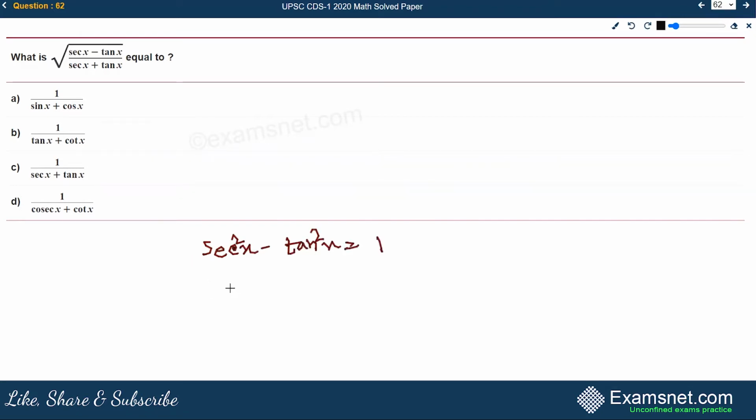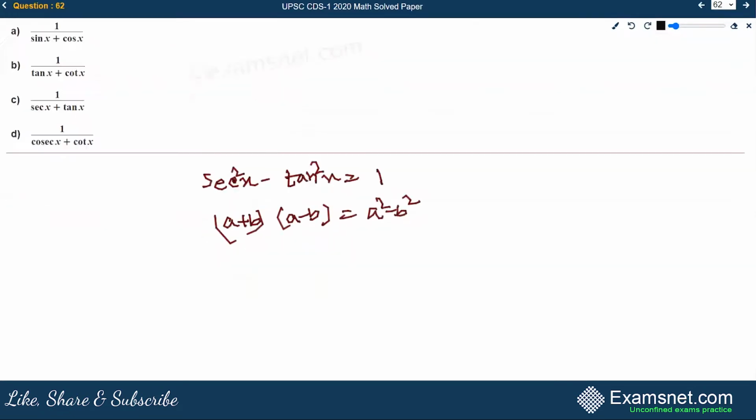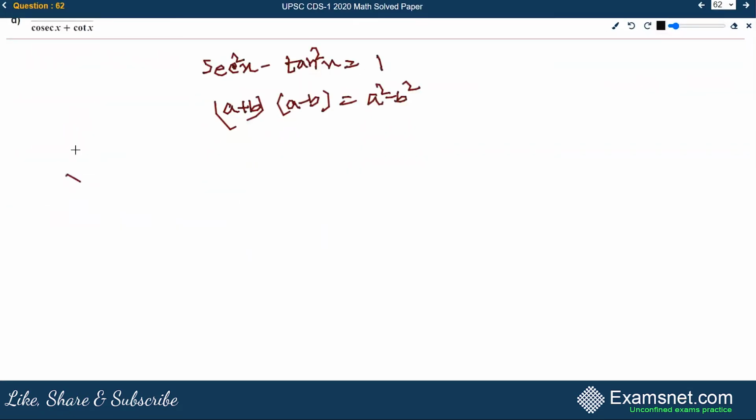Also, one algebraic formula we will use, that is (a plus b) times (a minus b) gives us a square minus b square.